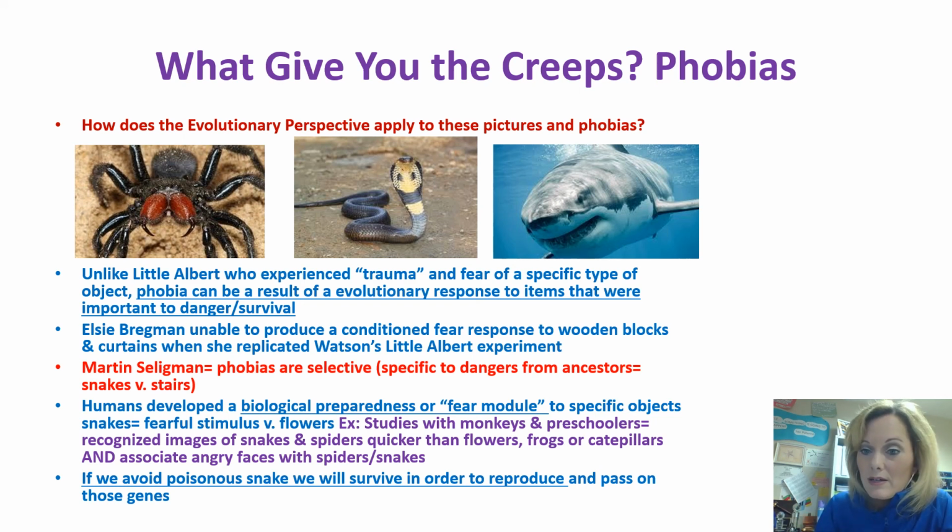So even frogs and caterpillars could cause fear, but they definitely went towards the snakes and the spiders, which tells you they have a predisposition to those things evolutionary wise. And they associated angry faces with snakes and spiders and not necessarily frogs and caterpillars, okay? So we avoid that so we can survive and pass along our genes. So those are important aspects of that as well.